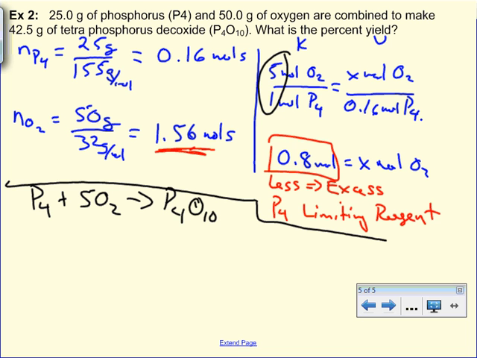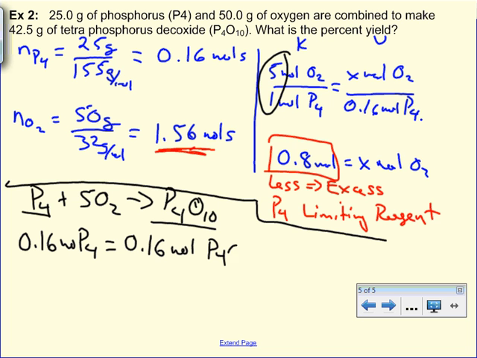But I'm also going to notice that my ratio here is 1 P4 to 1 P4O10. So that means that if I have 0.16 moles of P4, I'm going to make 0.16 moles of P4O10.